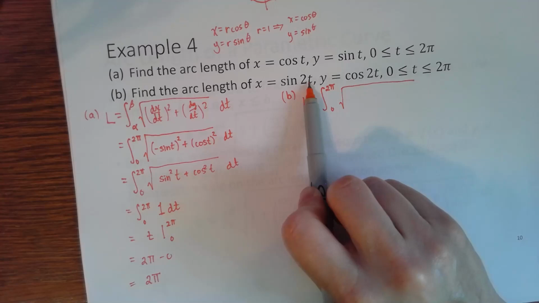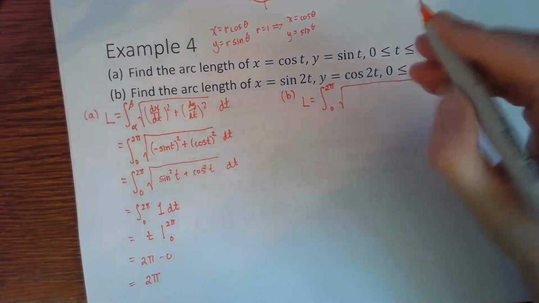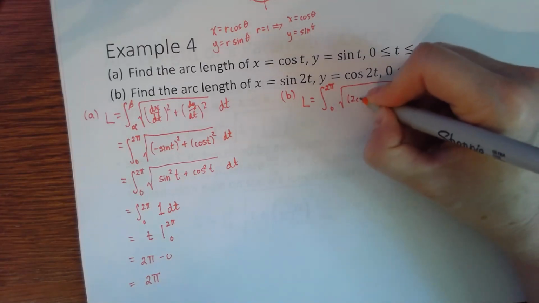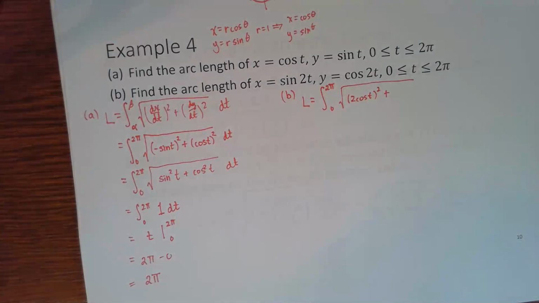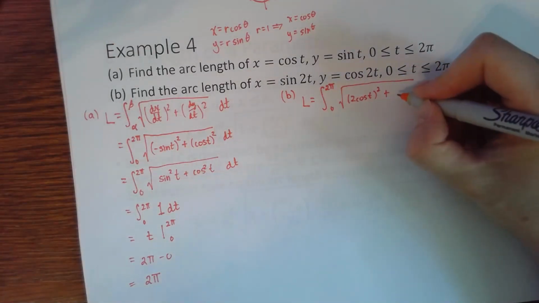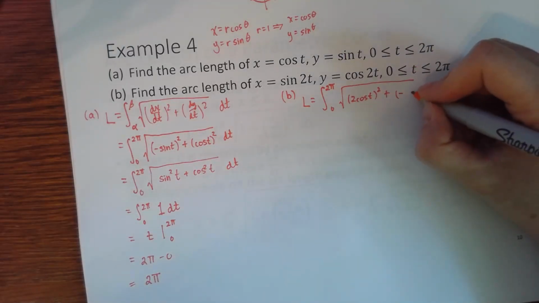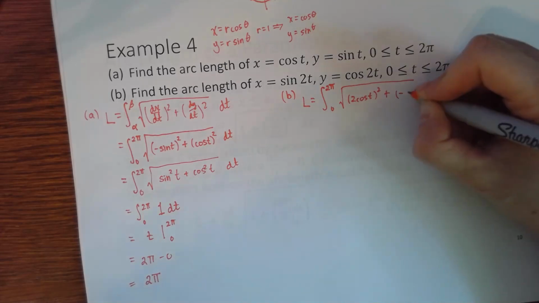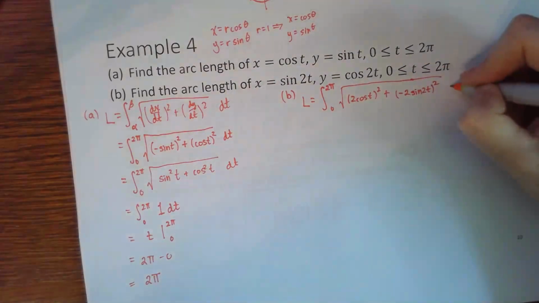So this is going to be cosine of 2t times 2, or 2 cosine 2t, squared. And then we've got to do the derivative of y with respect to t squared. So that will be negative sine of 2t times 2, squared dt.